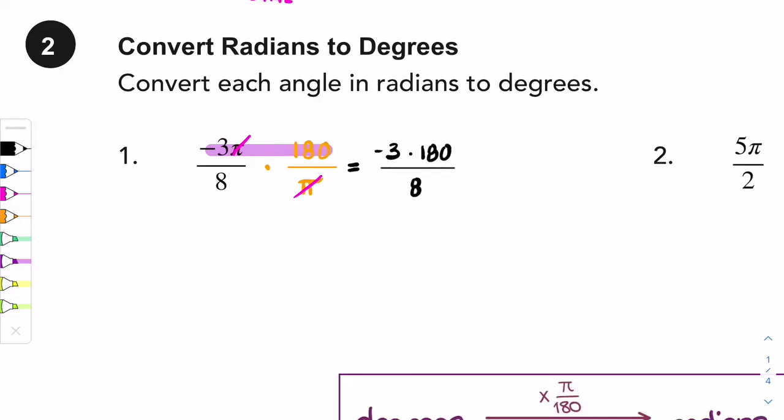Left over is just 8. So in this case, again, you can either simplify that or you could just type this into your calculator. And that's what I'll do. When I type that into my calculator, I end up with negative 67.5, and we just converted that to degrees. So don't forget your degree symbol.